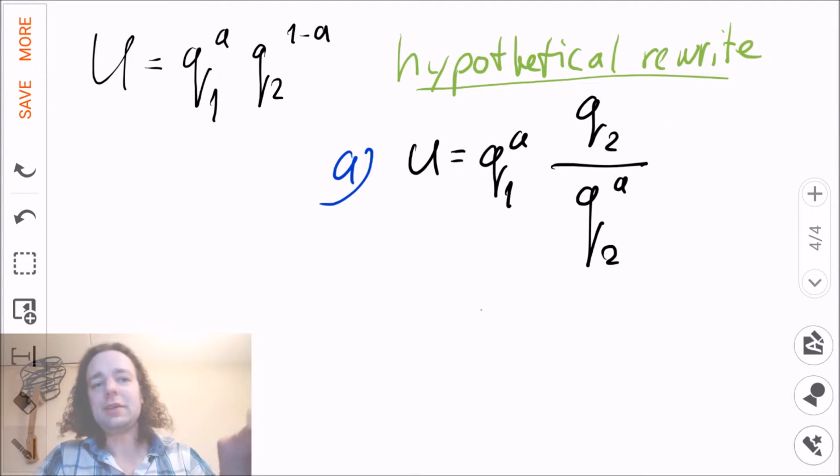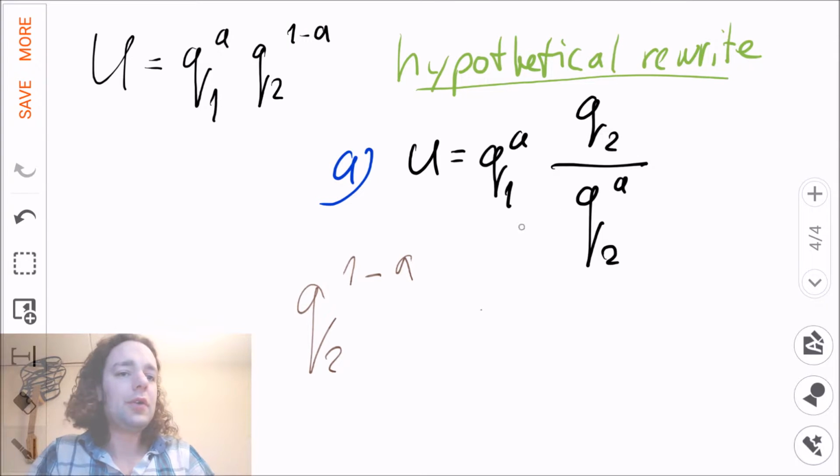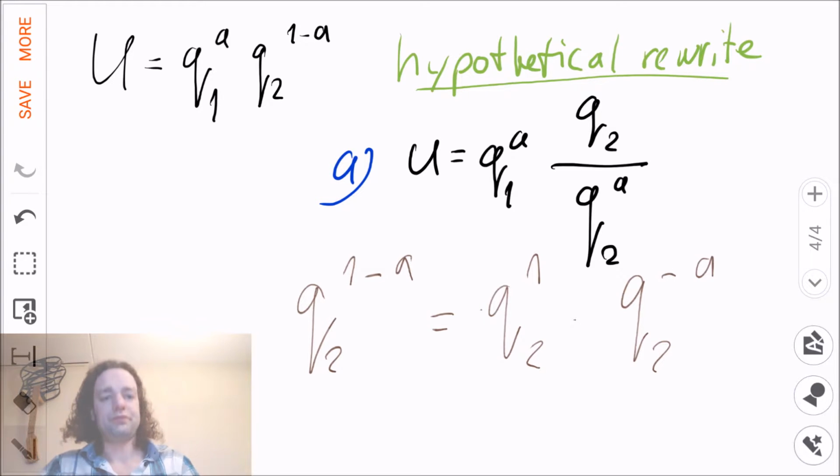You've guessed correctly. A was the correct answer. Why? Well, I think it's obvious, but let's explain it anyway quickly. So we have this q2 to the power 1 minus a. We ignore the q1 because that's simply the same. q2 to the power 1 minus a equals q1 times q2 minus a, right?